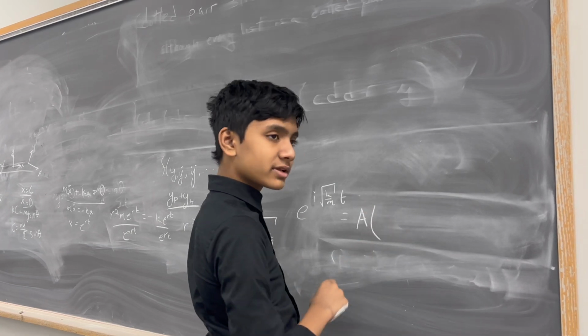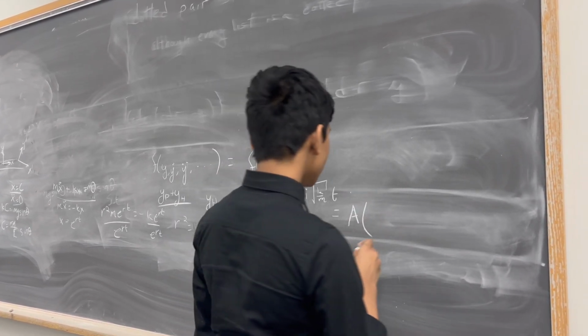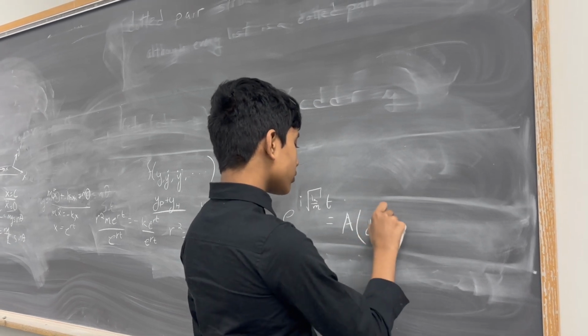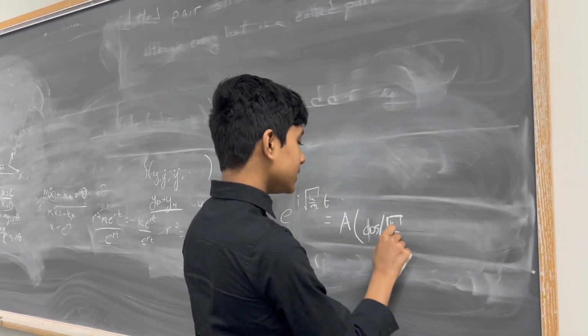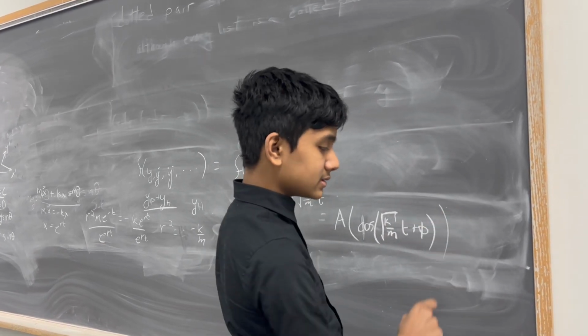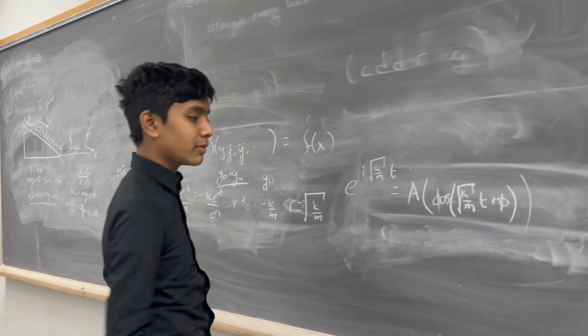any arbitrary constant multiplied by cosine of the square root of k over m t, plus some phase shift phi, and the other part is imaginary, which means we don't really care about it.